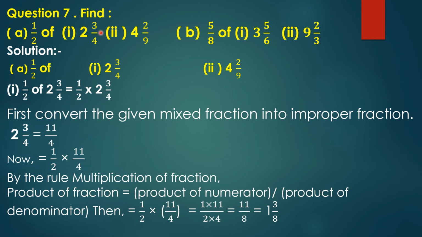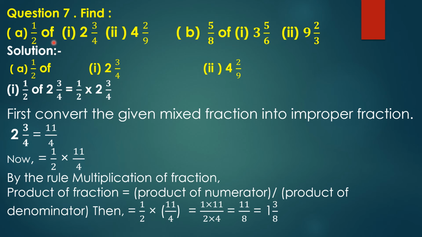Now let us go for question number 7. It says to find, there are two sub questions, and under each sub question further two sub questions. So the first one says 1 by 2 of 2 3 by 4 and 4 2 by 9. Here we know the meaning of half. It is nothing but multiplication.